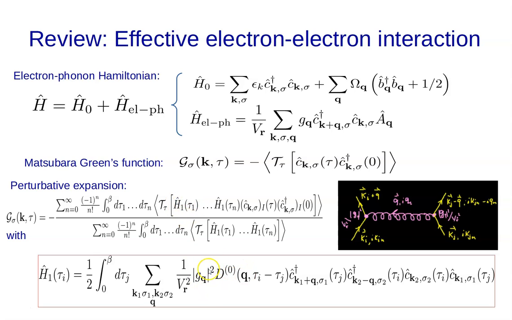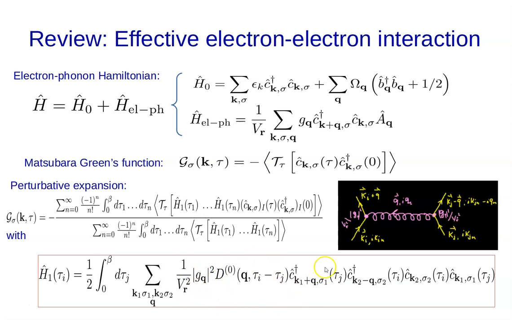So this is a term which is quartic in fermionic operators, so it is an interaction, right? And this interaction is mediated by the phonons. So here the coupling involves this propagation of a free phonon from, say, time tau j to time tau i. So remember, this is all Matsubara-Green's function, so this is all imaginary time, with this coupling constant that will involve the Coulomb interaction, right?